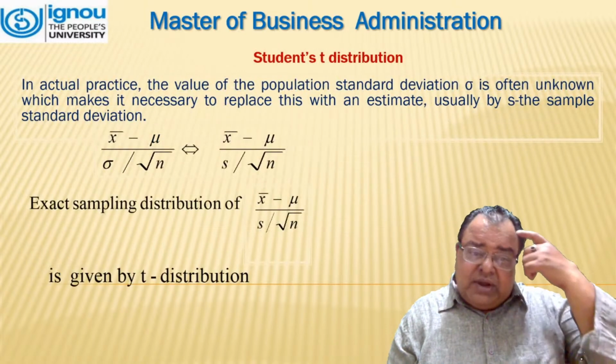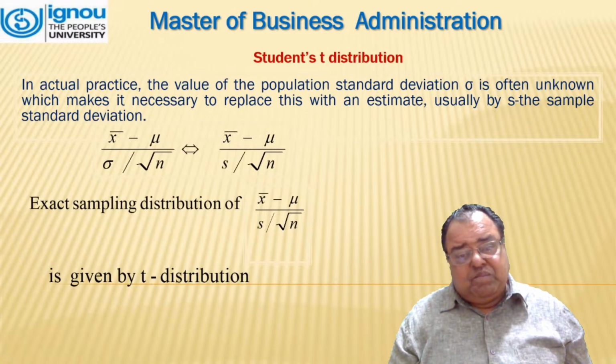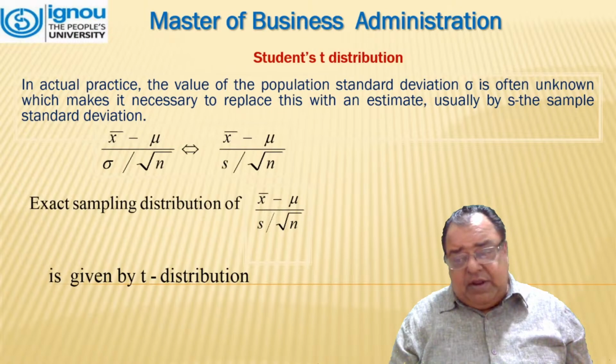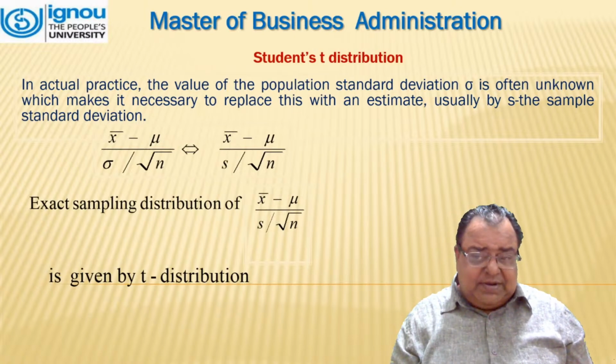Then comes your student t distribution. In actual practice, the value of population standard deviation sigma is often unknown, which makes it necessary to replace this with an estimate.